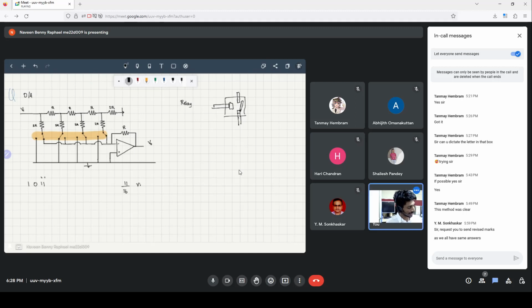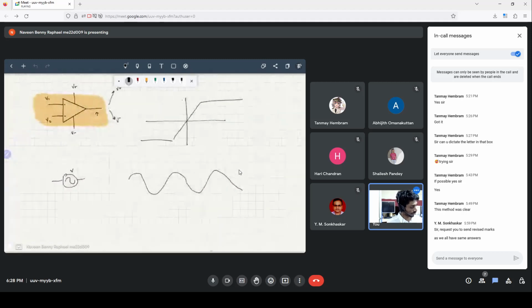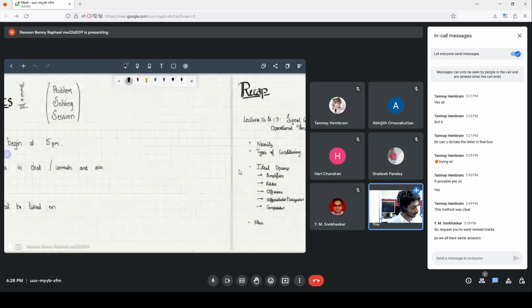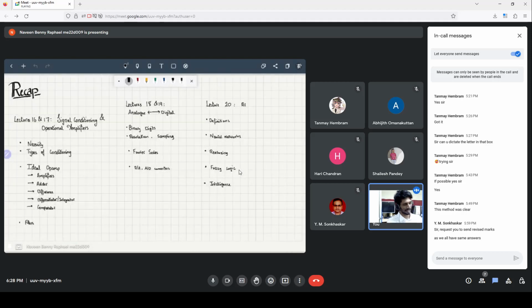So that kind of concludes everything we have done over the last week. If necessary, I can solve a few questions on the Fourier series, but I'm not too fond of that. We talked about digital to analog converters just now. Analog to digital converters are also nice simple things, but that's all theory, and there are very few questions you can have.